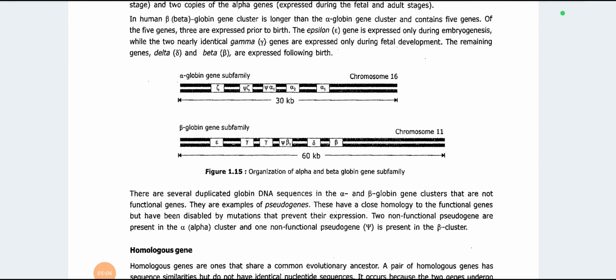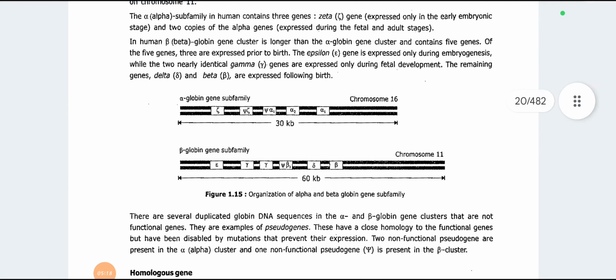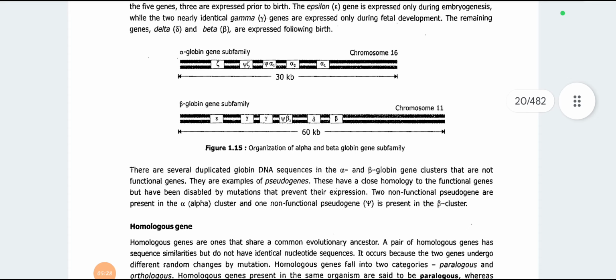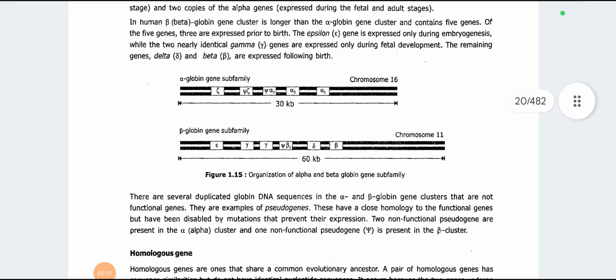So epsilon and gamma are expressed during embryogenesis and fetal development, before birth, while delta and beta are expressed following birth.